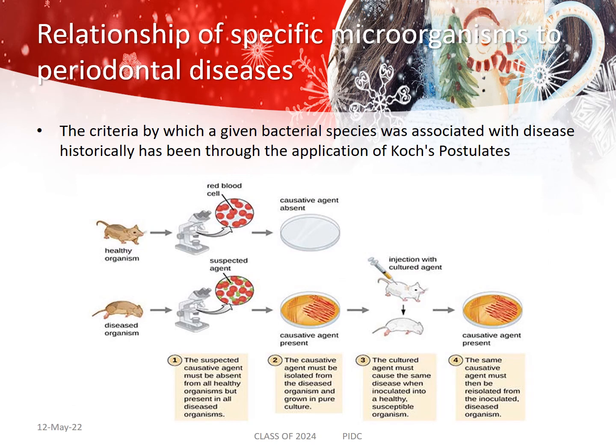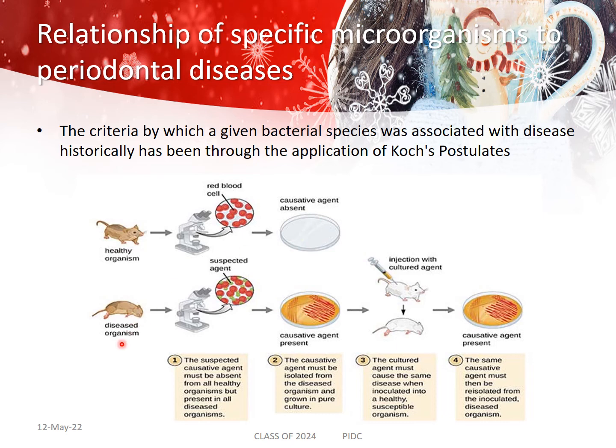Next, coming to the relationship of specific microorganisms to periodontal disease. The criteria by which a given microbial species was associated with disease has historically been through the application of Koch's postulates. You would have read about this in microbiology. Generally, when a healthy organism is tested, and it does not contain any microorganisms, it means there is no disease present because there is no causative agent.